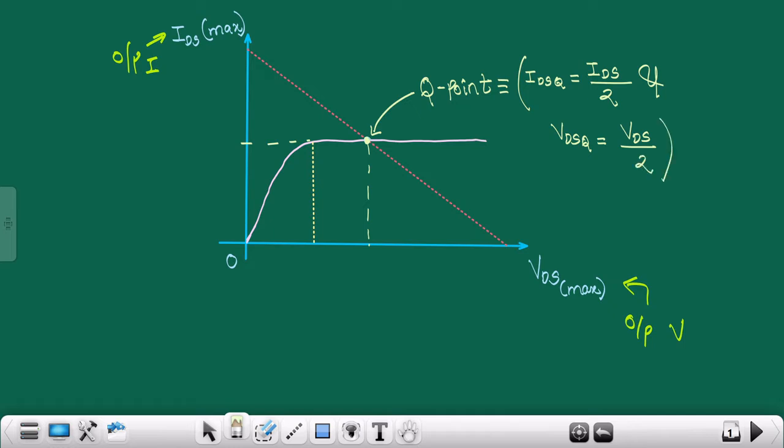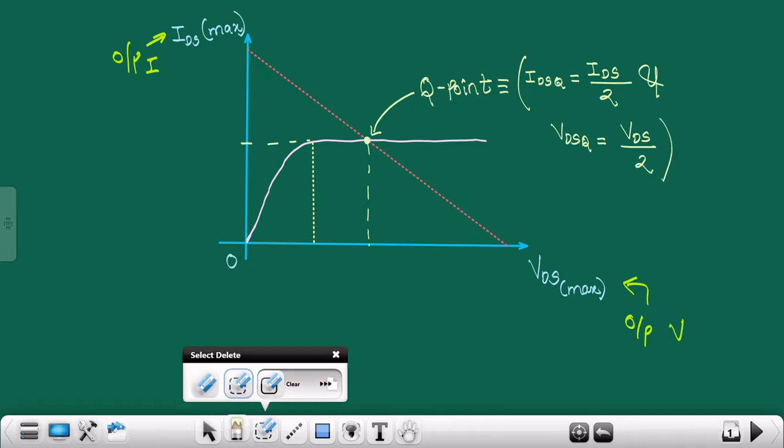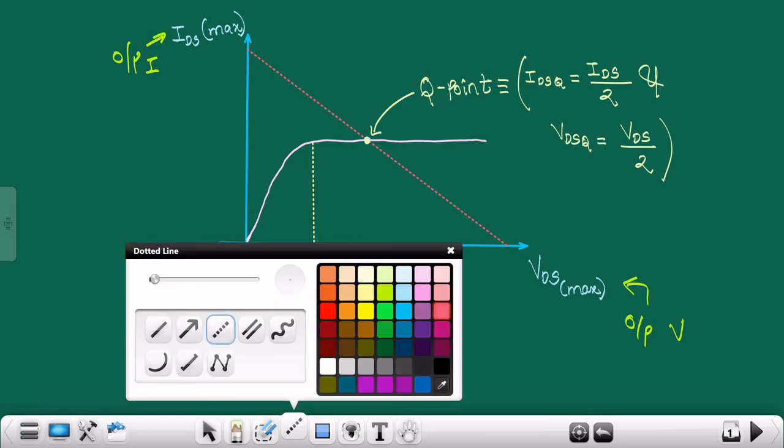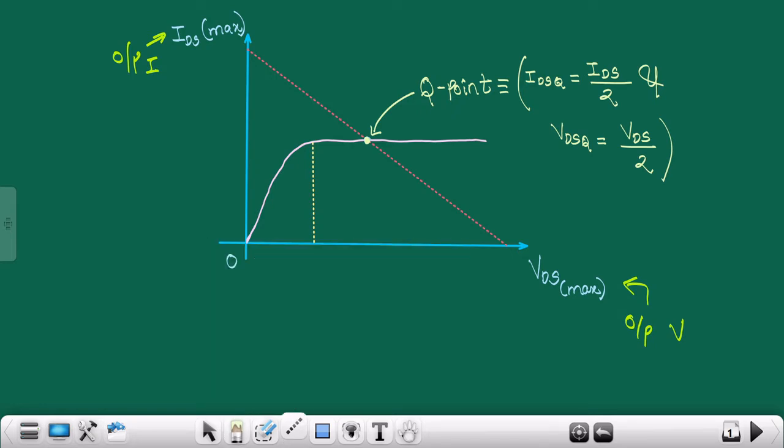So these are the 2 points you should consider whenever you are dealing with the output characteristics of a transistor. I hope you understood up till here. Let me draw one dotted line and then we will conclude certain things out of it.